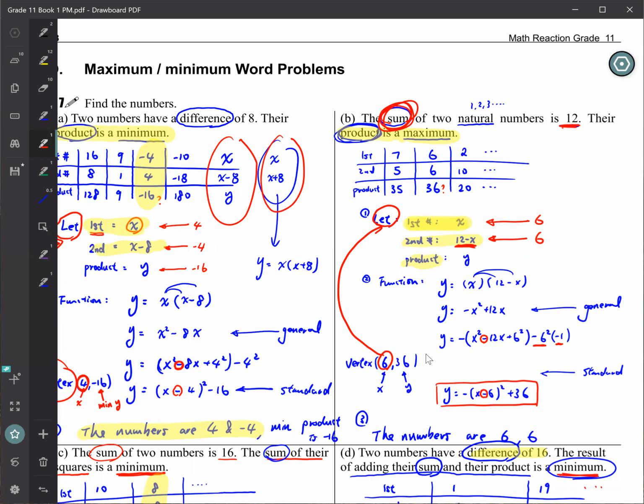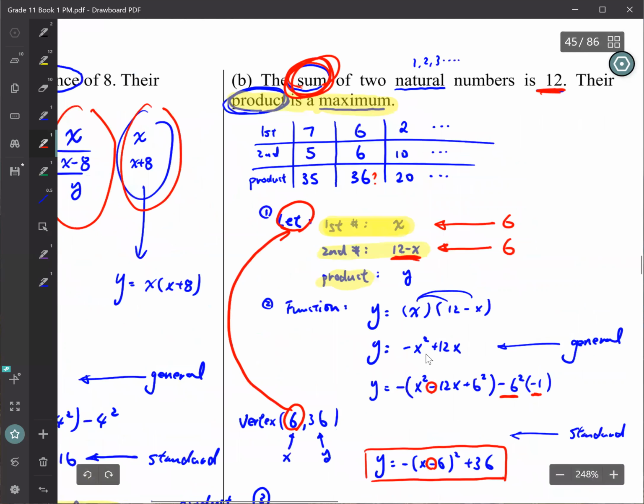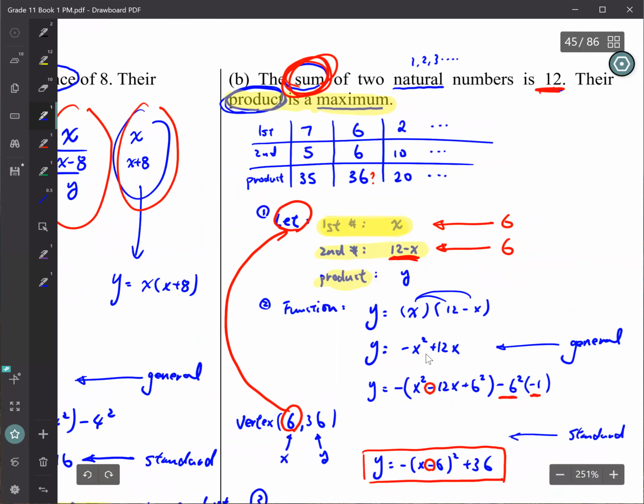There's only one way, because they need to add up, right? Like the example we did in the table, if the first number is 7, the second number is 12 minus 7. You cannot do 12 plus 7, because that won't give you 5, right?